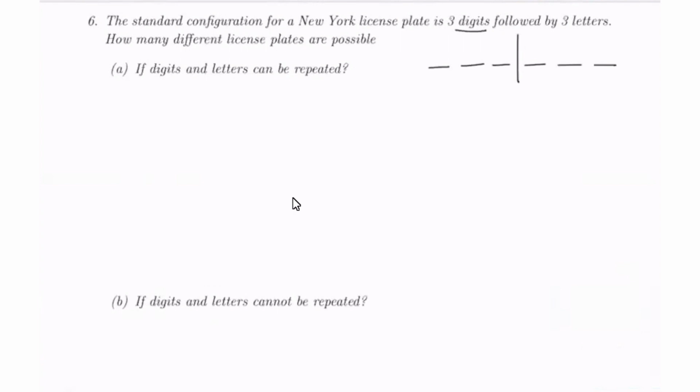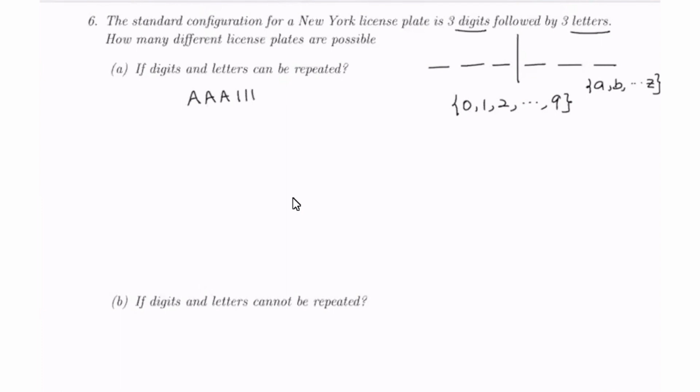Digits mean 0, 1, 2, 3, 4, 5, 6, 7, 8, 9. Letters are A, B, C, D, E, F, G, and all the way down to X, Y, Z.